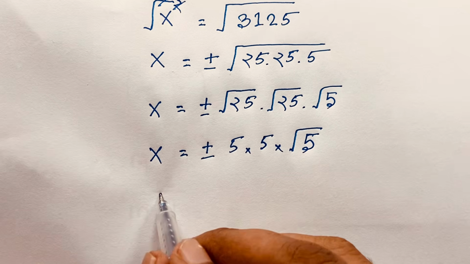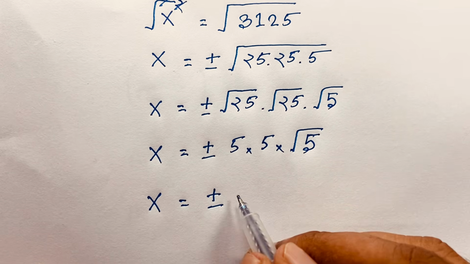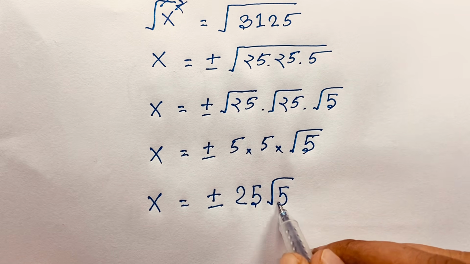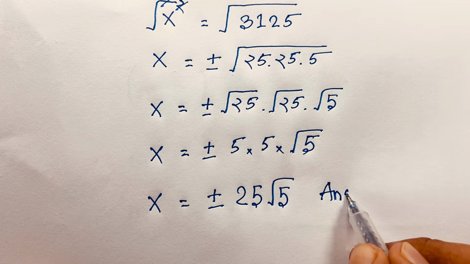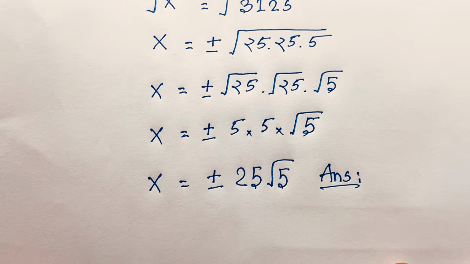Then x is equal to plus minus 5 times 5, this is 25, and the square root of 5. So we'll find our final answer: x is equal to plus minus 25 square root of 5.